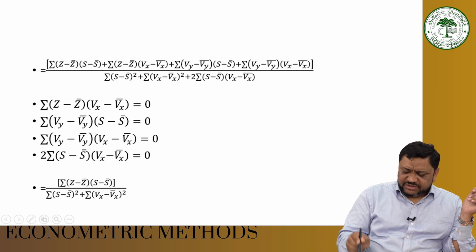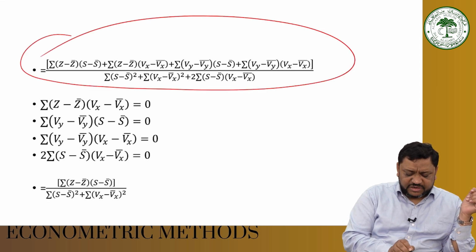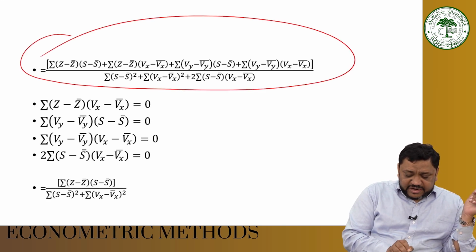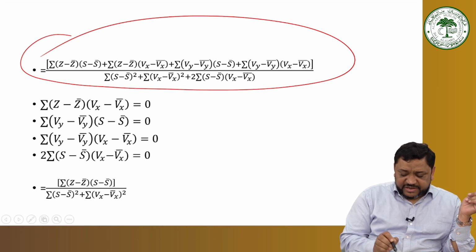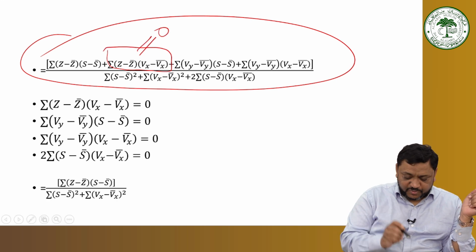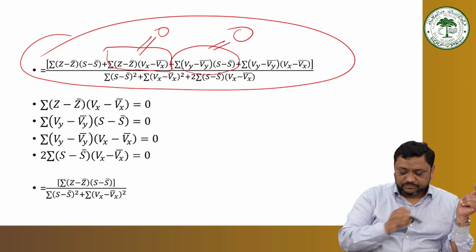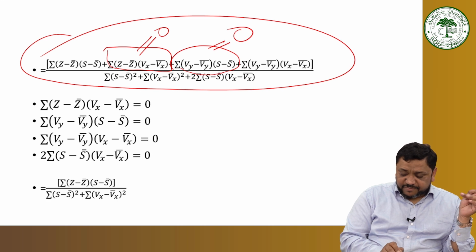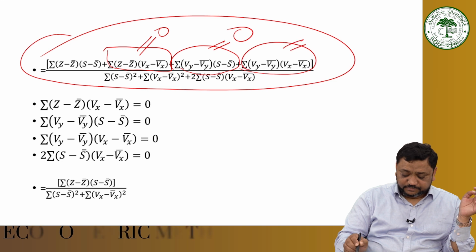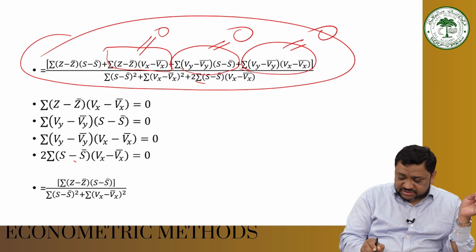So the same equation is rewritten over here, and then what we have seen is that z minus z bar vx minus vx bar, because of the assumptions, is 0. Similarly vy minus vy bar s minus s bar, and vy minus vy bar vx minus vx bar, and s minus s bar vx minus vx bar.